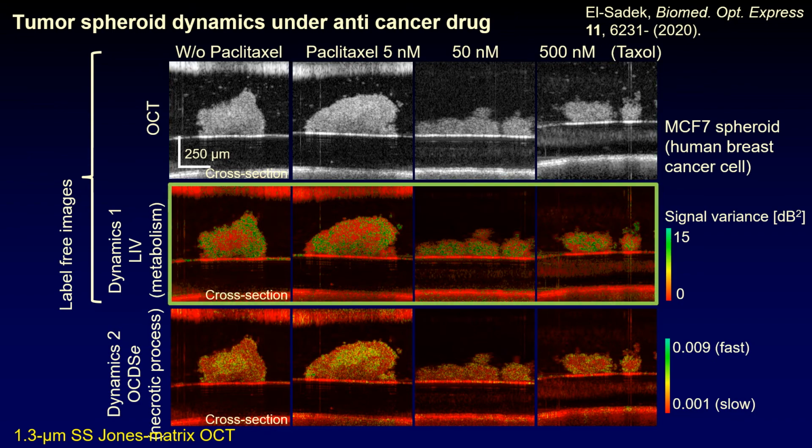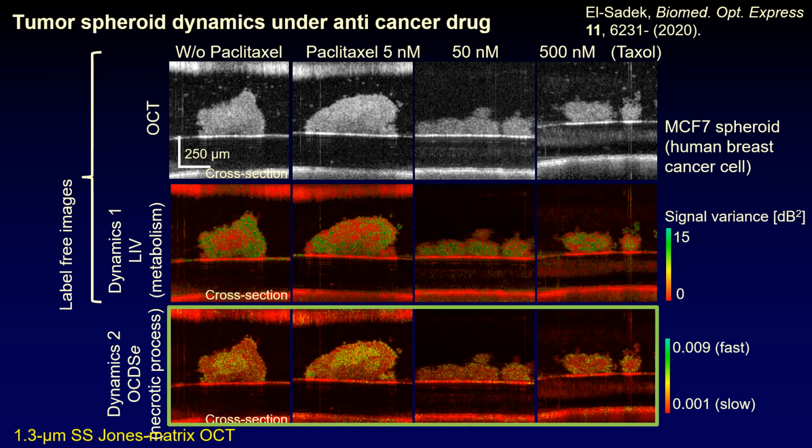By LIV, we can identify the region with large magnitude of intracellular motion. For the low concentration of the drug, the outer part of the spheroid is active. The inner part is not active because of lack of nutrients. This situation is reversed with the high concentration of the drug. Here the outer part of the spheroid is affected by the drug and became inactive.